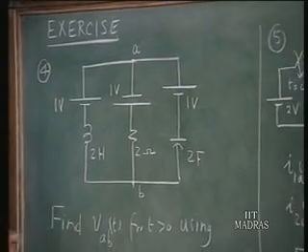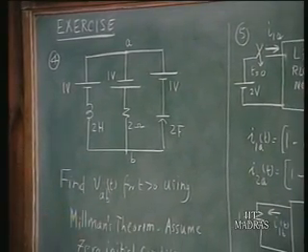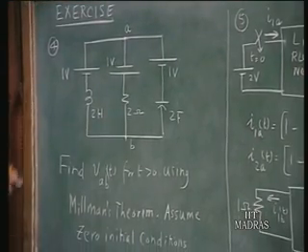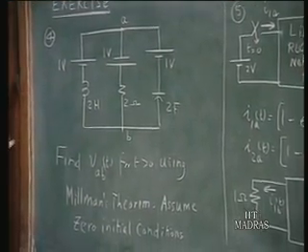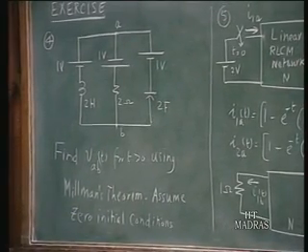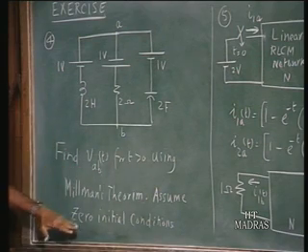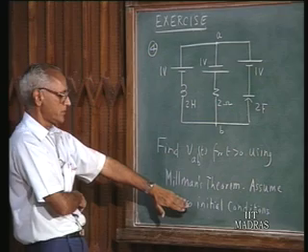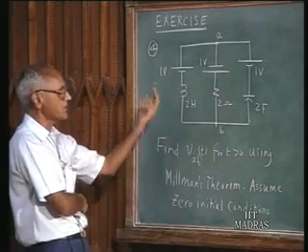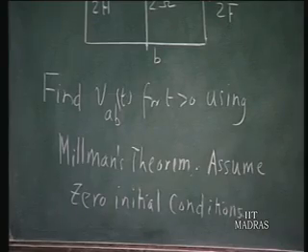Find VAB of t for t greater than 0 using Millman's theorem, because this is tailor-made for Millman's theorem application. You have three parallel branches with independent sources, and you also put in initial condition sources, whatever they might be, and find VAB of s, and from that VAB of t. Assume zero initial conditions. Of course, initial condition sources are optional because of the zero initial conditions, meaning the capacitor and inductor are not charged to start with. That is problem number 4.